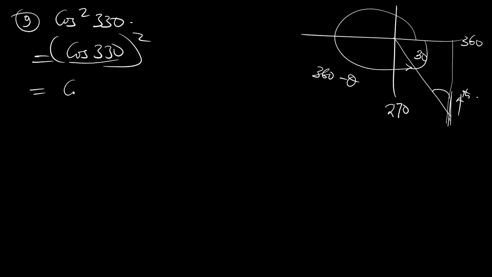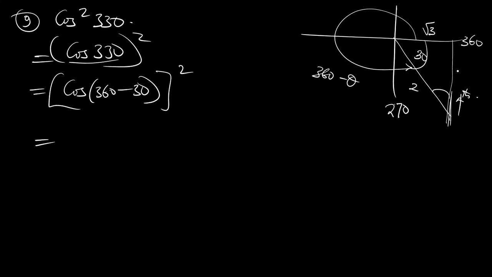So now you have cos of 360 minus 30, all squared. Now you have here square root of 3. Here is 2, here is 1. This is minus 1. So cos on the fourth quadrant is positive.